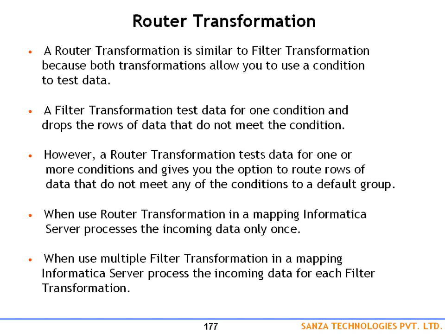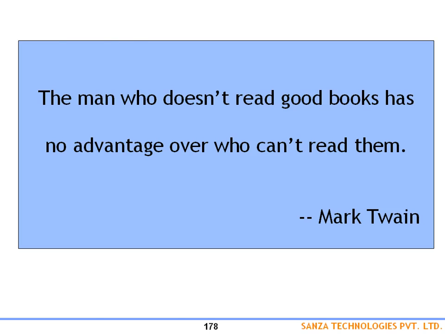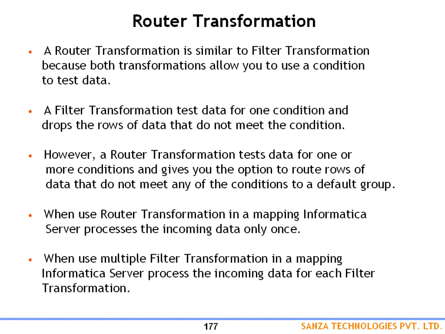If you have 4, it reads the input data 4 times, which will decrease the performance. Whereas the router reads the incoming data once per record, but tests all the conditions like your filter. And if the record does not satisfy any of the conditions, it will route to the default group. So this is the difference between the filter and router transformation.